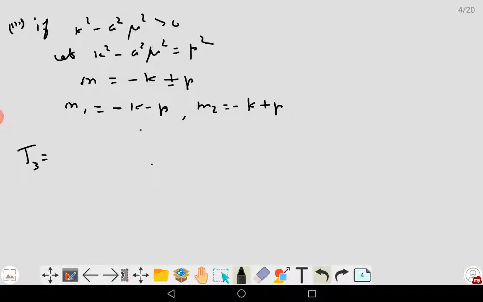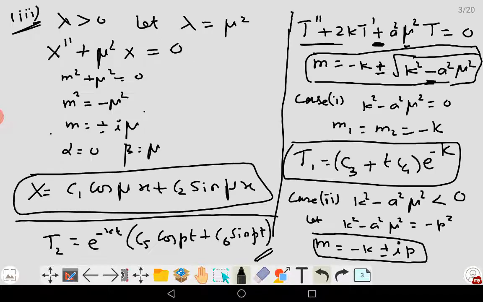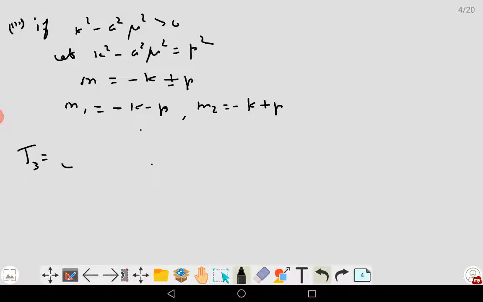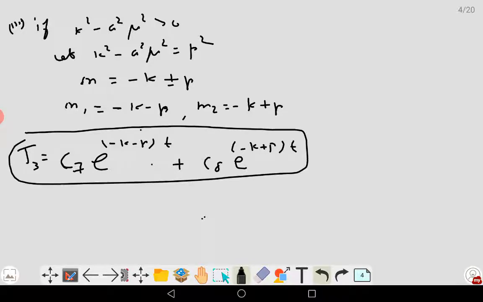Therefore the solution for t3 is c7 e raised to minus k minus p times t plus c8 e raised to minus k plus p times t.